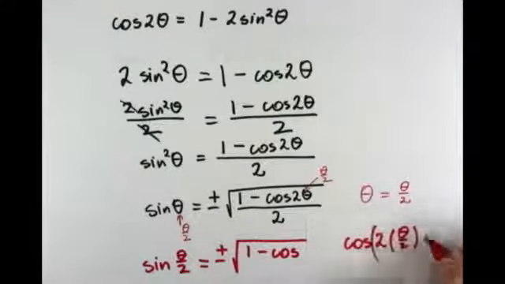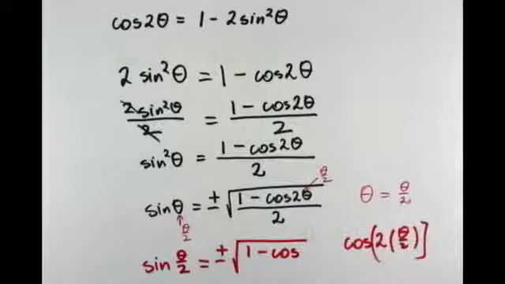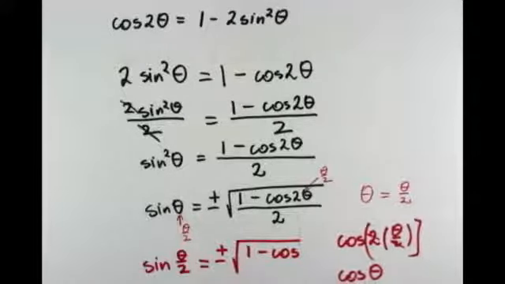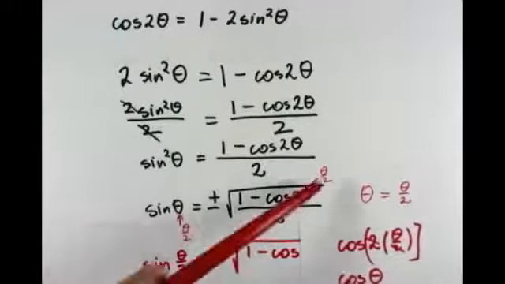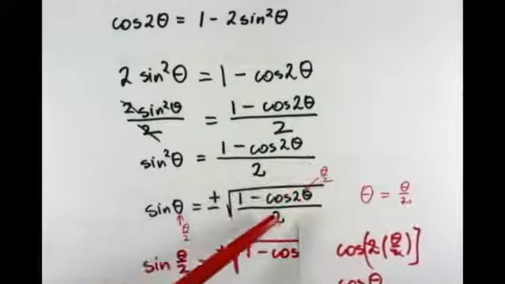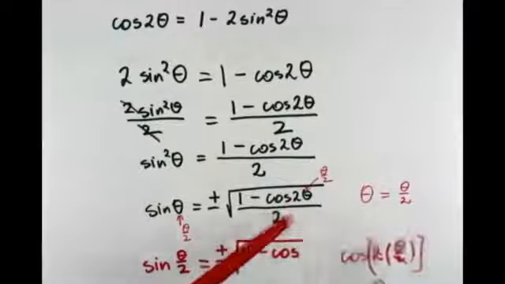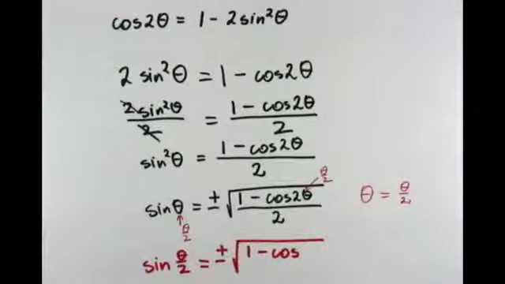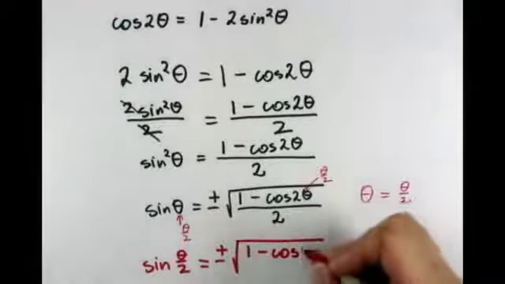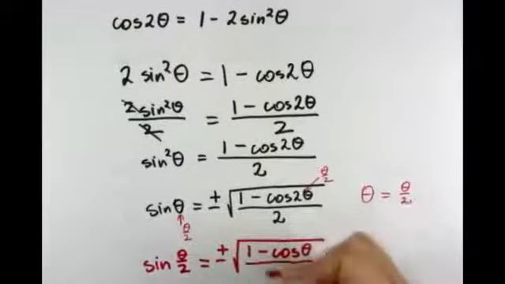So this 2 and 2 cancel out, and I'm getting cos theta. So the left side is sine of theta over 2.